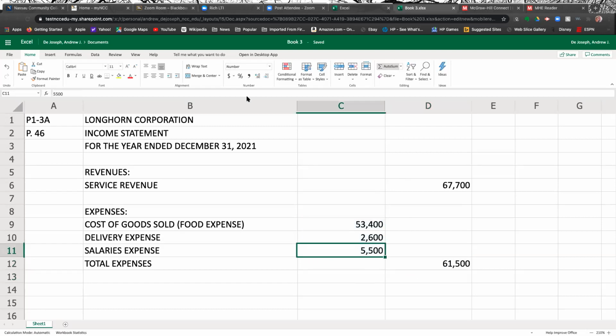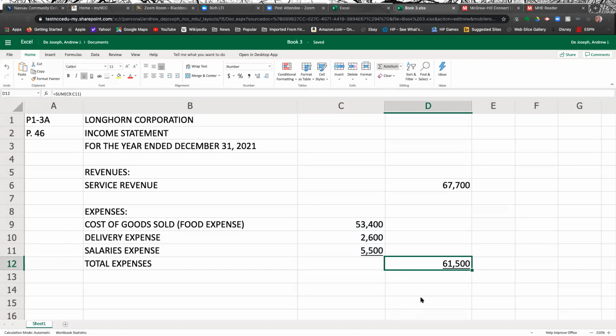Comes out to 61,500. And then if I subtract 67,700 minus 61,500 looks to be 6,200. Is my math right?